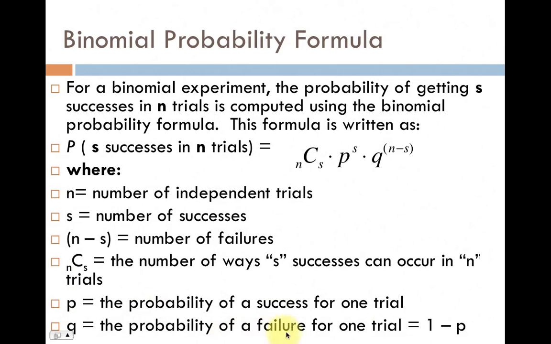The probability of not getting a 6, that would be considered the failure, would be Q. 1 minus 1 over 6, which is 5 over 6. Anything that's not a 6, 5 over 6. The textbook does go through the formula manually. You can look at the textbook and trace through the problems that use this formula and do it by hand.